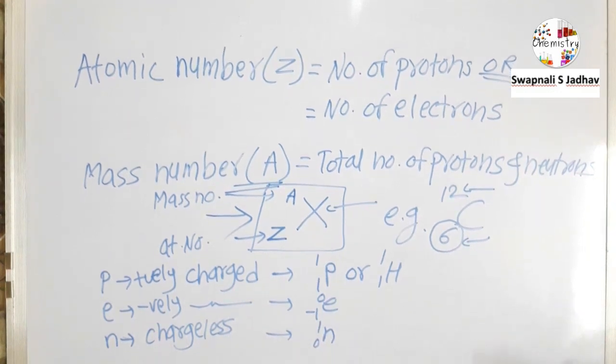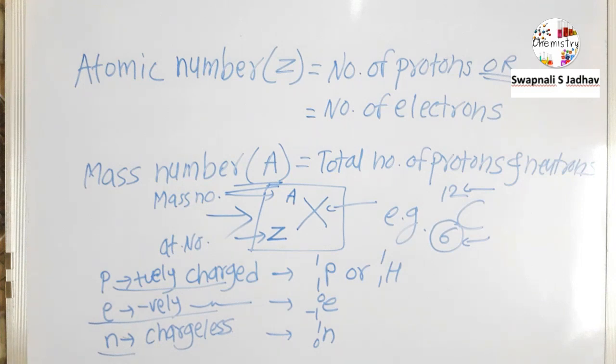Protons are positively charged, electrons are negatively charged, and neutrons are chargeless. So these are basic points which are very important to understand the nuclear chemistry topic.